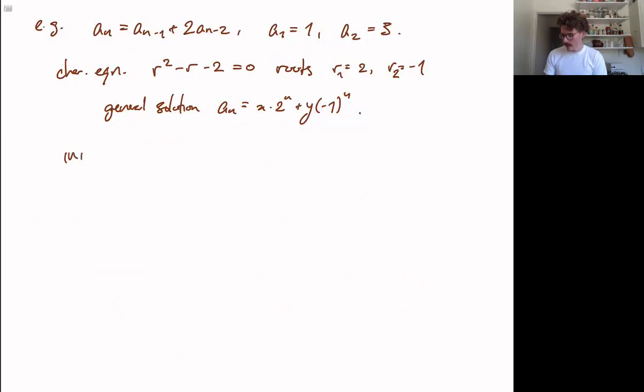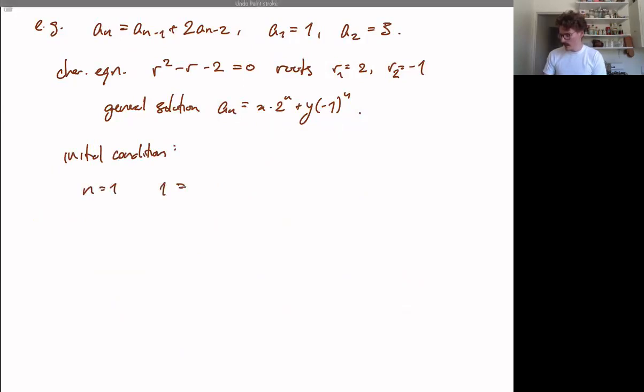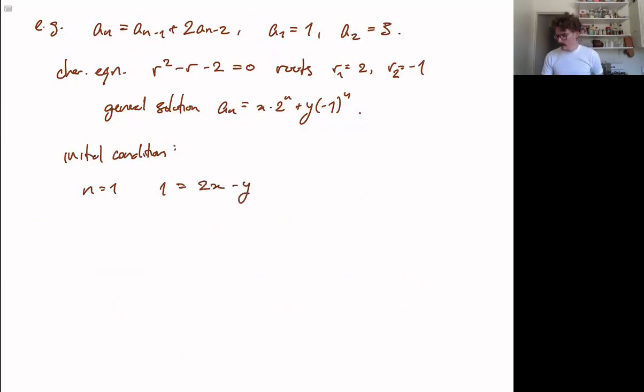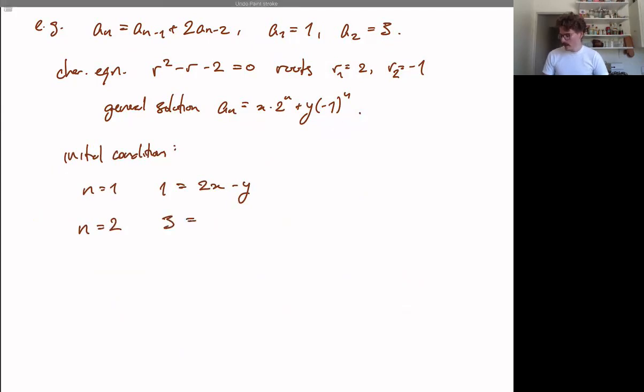And when we plug in our initial conditions, plugging in n equals 1, we get a1 is 1, and plugging in 1 on this side, we get 2x minus y. Plugging in n equals 2, we get 3 for a2. And then plugging in 2 on this side, we get 4x plus y.